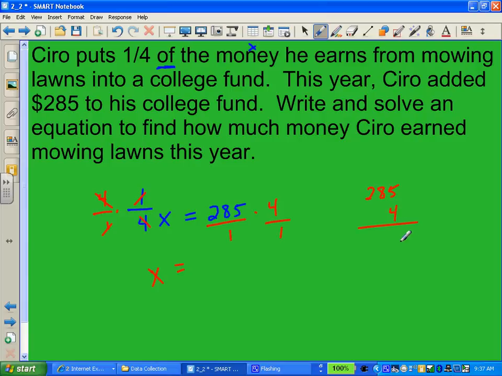I don't know that off the top of my head, so let's do a little multiplication over here at the side. I think, if my math is correct, that's 1140. And we're talking money, so that's dollars. So he made $1,140 mowing lawns, and he put $285 of that into his college fund.